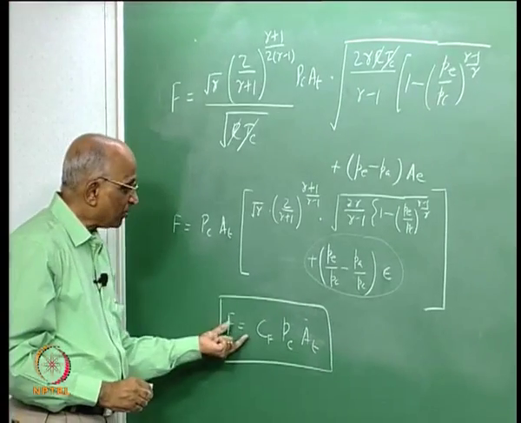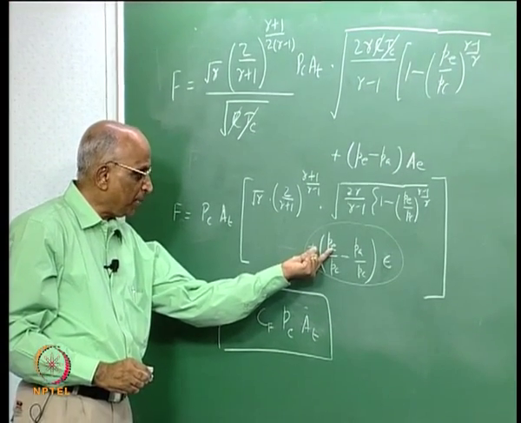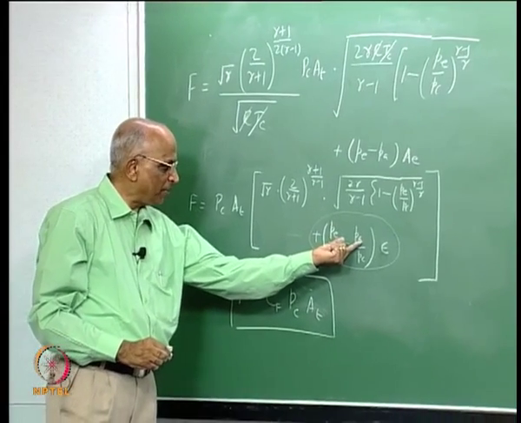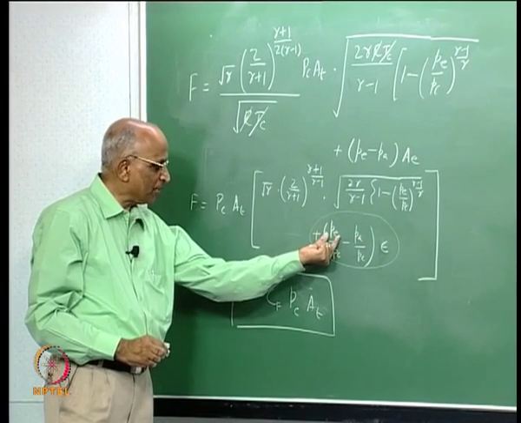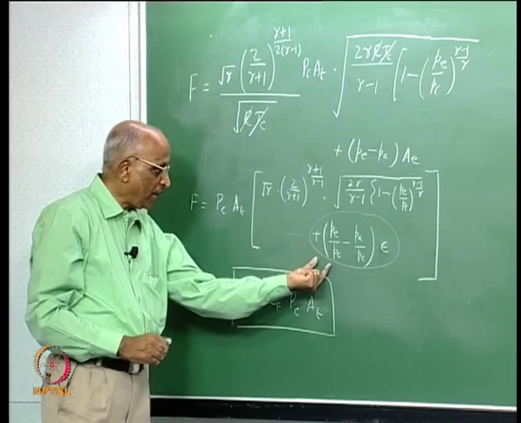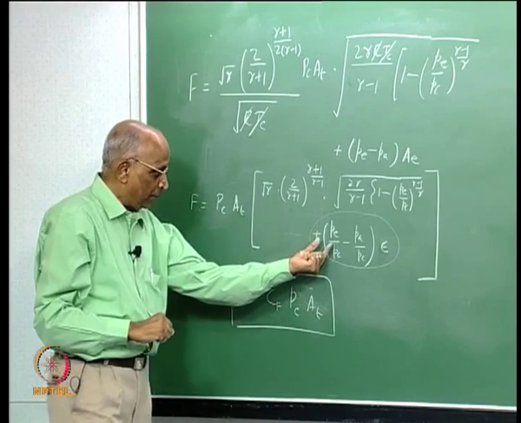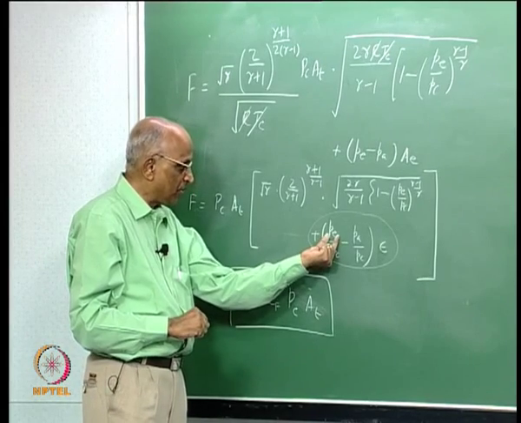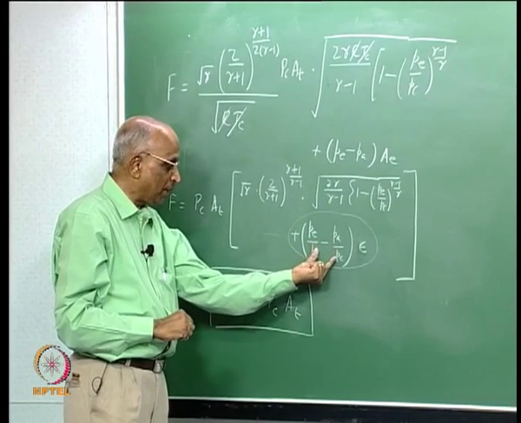Whereas if I have something like the exit pressure not being equal to the ambient pressure, if I have something like an over expanded nozzle, I get a negative term. If I have, excuse me, optimum expansion in which Pe is equal to Pa, this becomes 0.